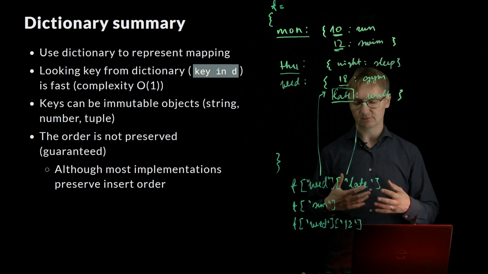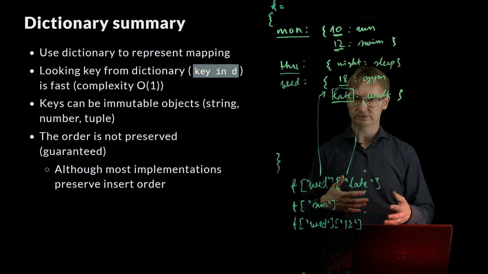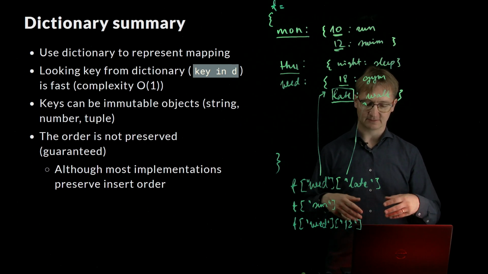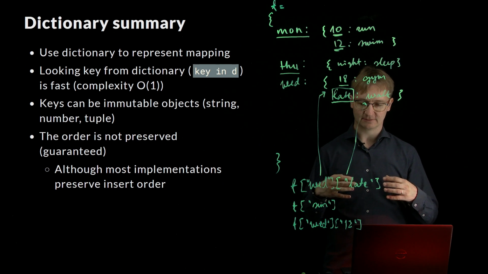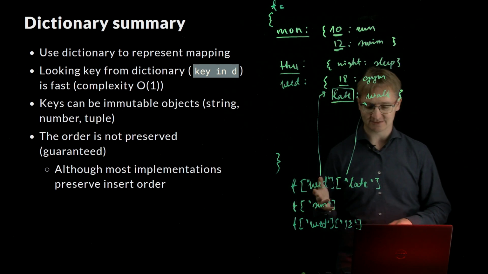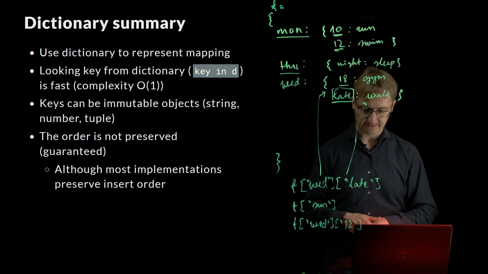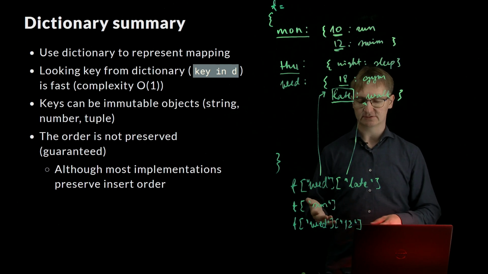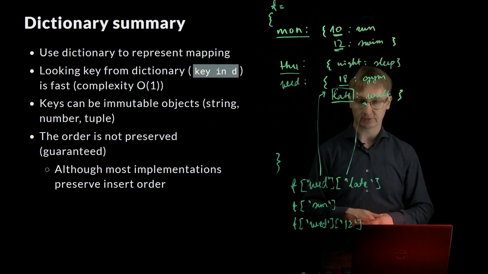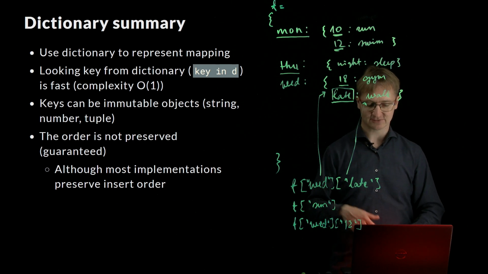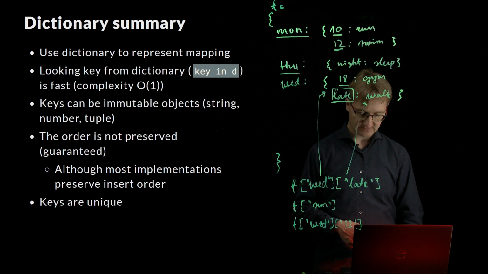So it would be nice not to take it for granted that you have the same order as you insert the elements. It's even easier to think that the order is always random, although as you try it, you can see that the insertion order is actually preserved in Python.